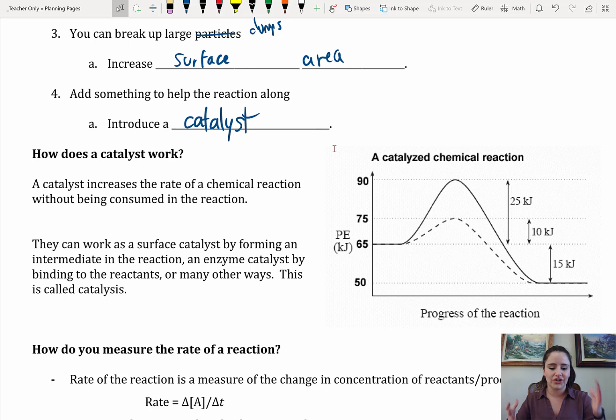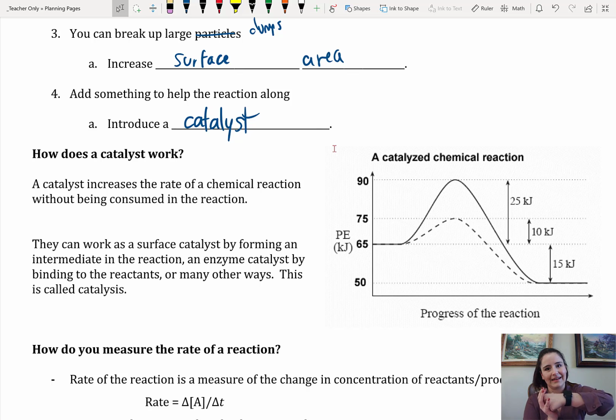The easiest reaction to think of for that kind of catalyst is to take a deep breath. Now that chemical reaction that gets the oxygen from your lungs to your blood cells is an enzyme reaction, okay?